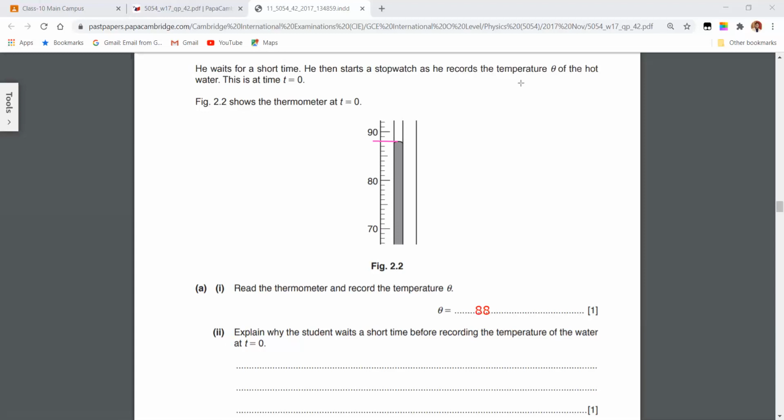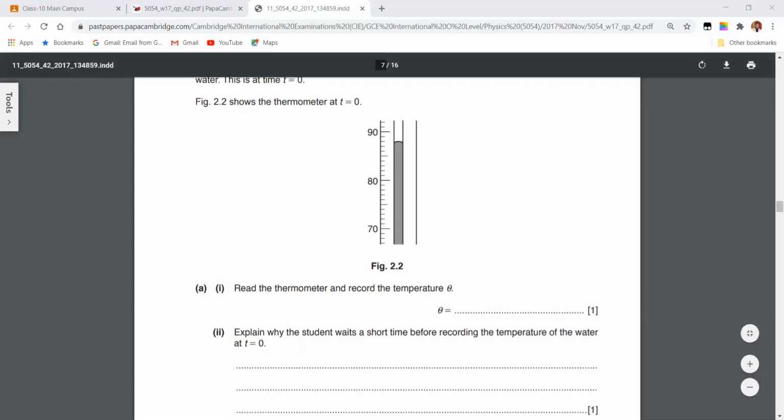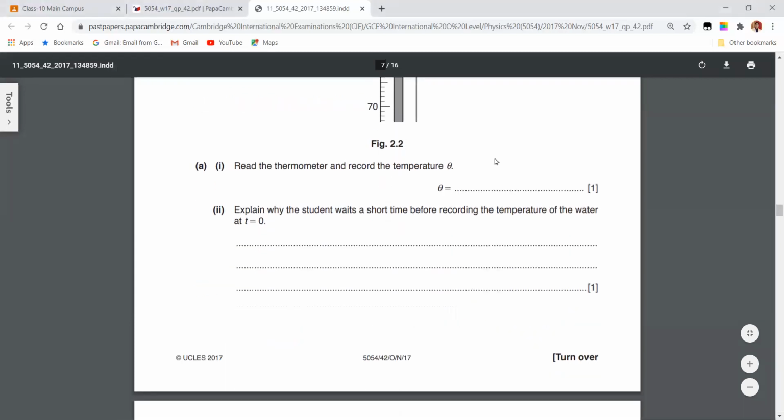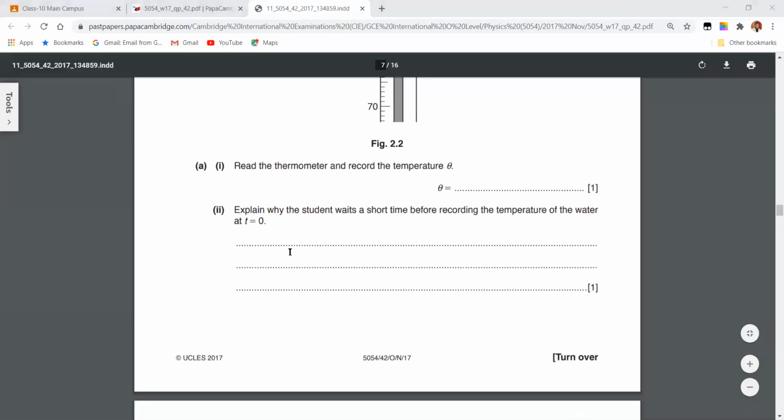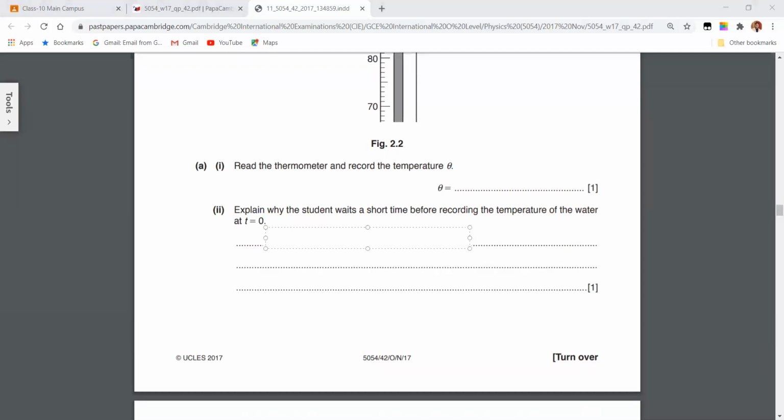Then continue. A2. Explain why the student waits a short time before recording the temperature of the water at t equals 0. To get a more accurate answer. Yes, and you can add another thing with it, so that no heat is lost in the surroundings.